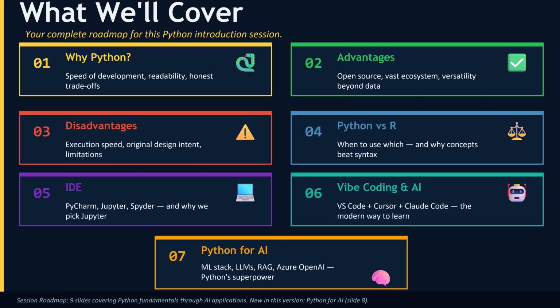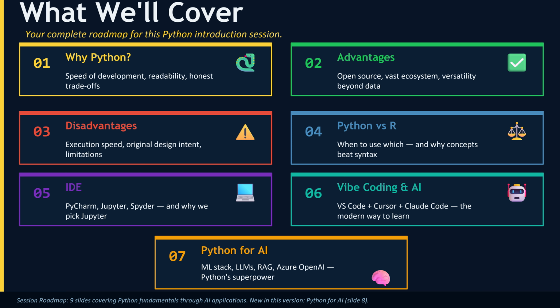Here's the roadmap for this session. We have 7 topics. The first 6 cover Python fundamentals: why it exists, its pros and cons, how it compares to R, which IDE we will use, and the modern vibe coding workflow with AI tools.